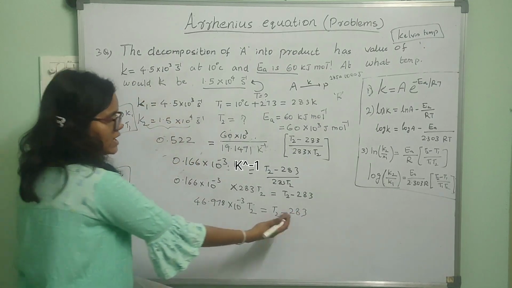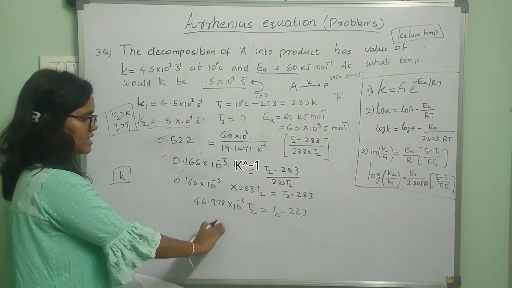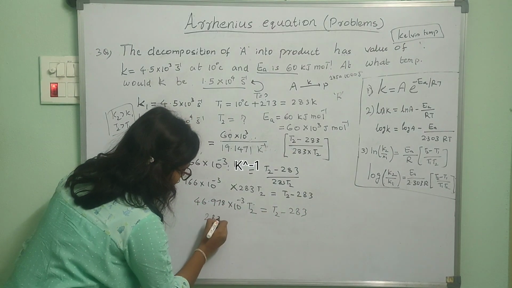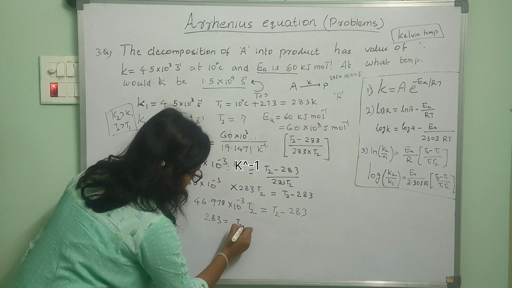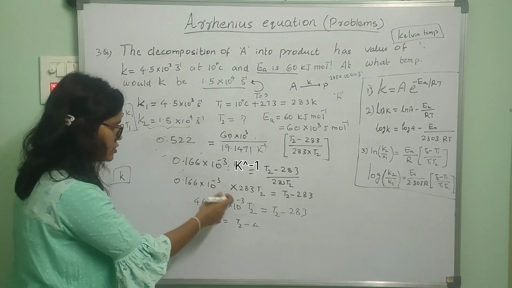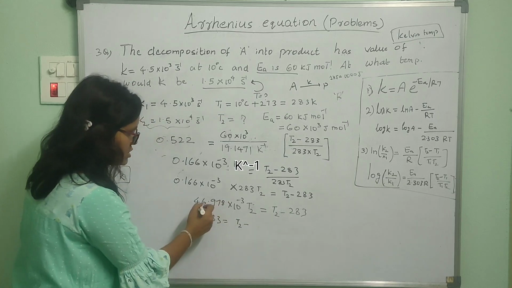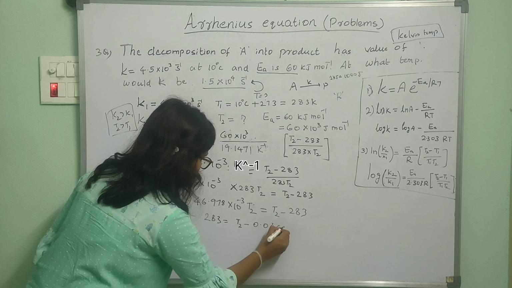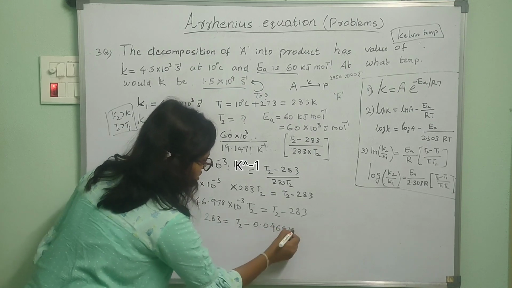Now what I will do is I will take this 283 on the left hand side and I will take this entire term on the right hand side. So it becomes 283 is equal to T2 minus, can I write this as 0.0469? Yeah, this into 10 power minus 3 would be 0.046978 T2.